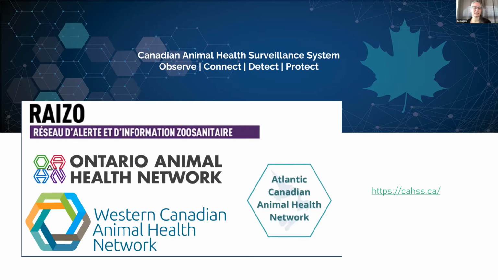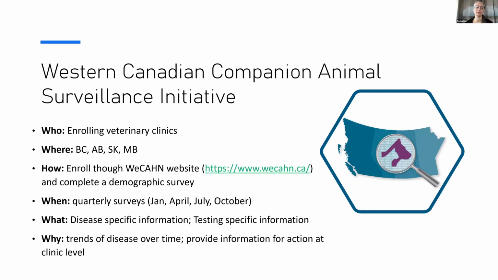So now I'll transition a little and talk about the Western Canadian Companion Animal Surveillance Initiative that I am the lead for. This is an initiative that really is only going to work if veterinarians want to get involved. Right now we are in the process of enrolling veterinary clinics. It's designed to be Western Canadian, so BC, Alberta, Saskatchewan, Manitoba.